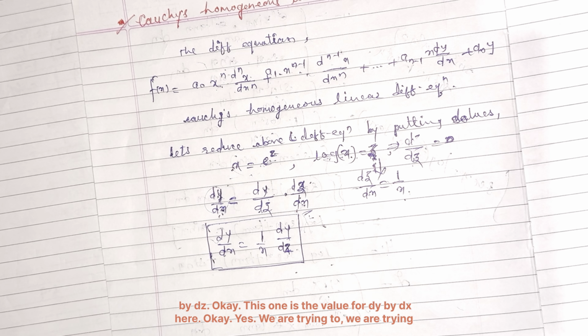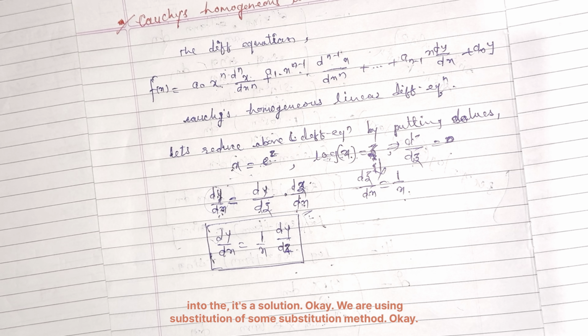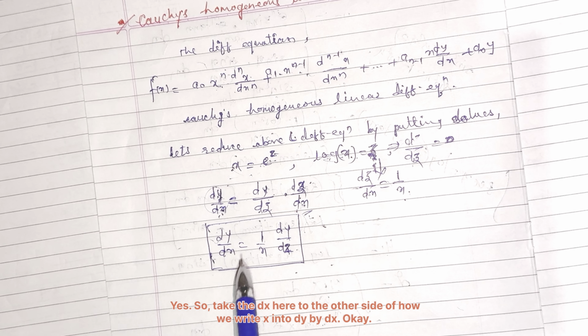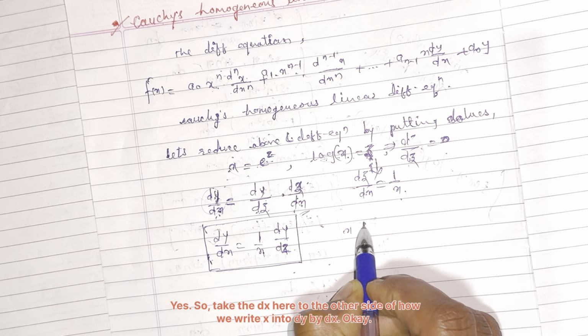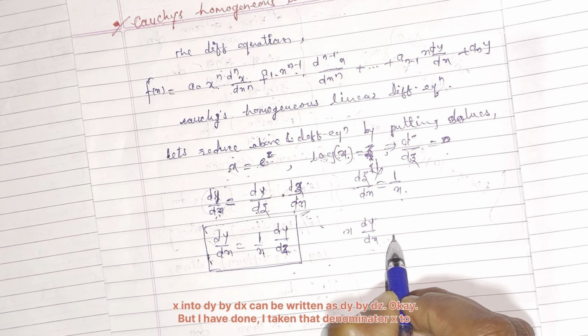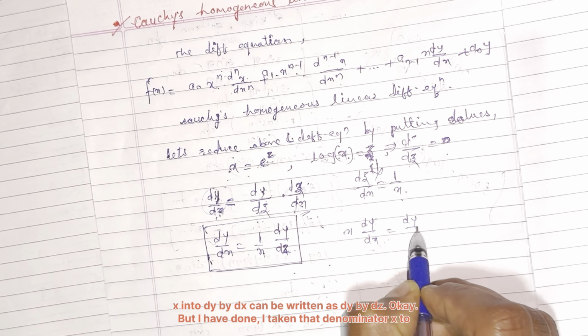We are trying to reduce our Cauchy linear differential equation into its solution using some substitution method. So take that x to the other side: x into dy by dx can be written as dy by dz.